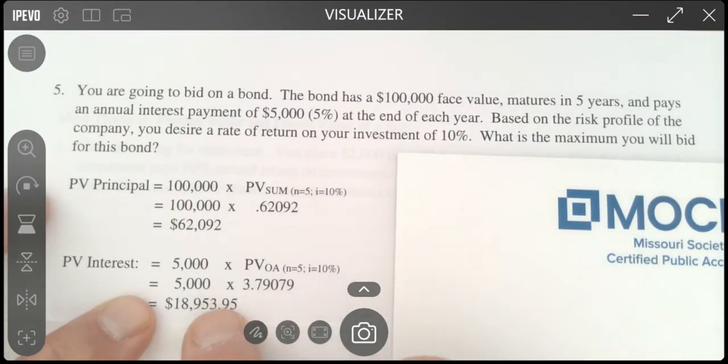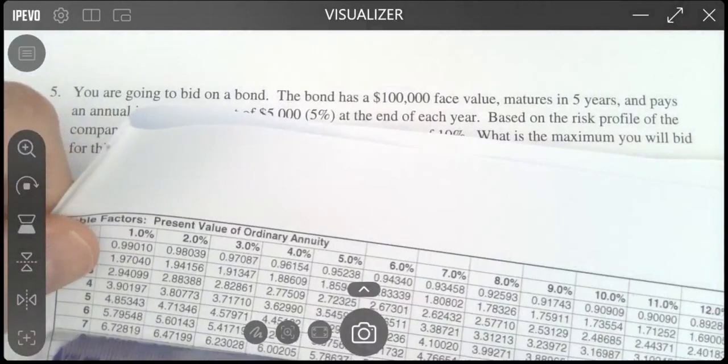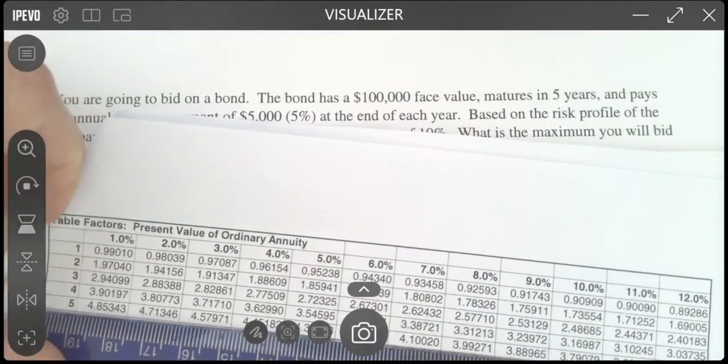The interest is $5,000 per year, and it's an ordinary annuity of 5 years and 10%. So we need the present value of an ordinary annuity table factor for 5 years at 10%.